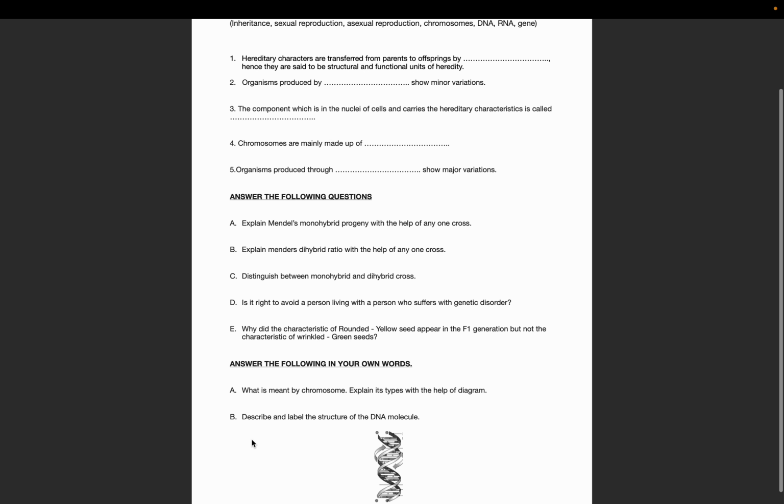What is meant by chromosome? Explain its type with the help of a diagram. So you have to explain what is a chromosome and you have to explain the diagram. Describe and label the structure of DNA molecule.